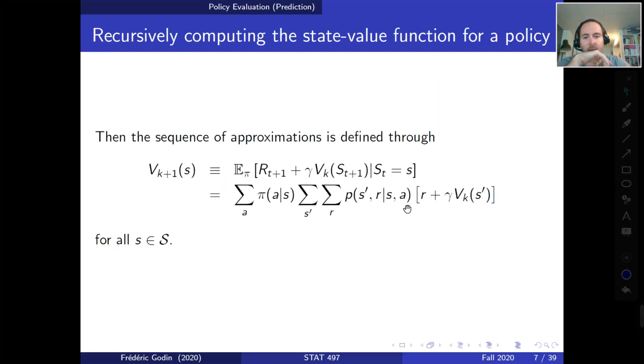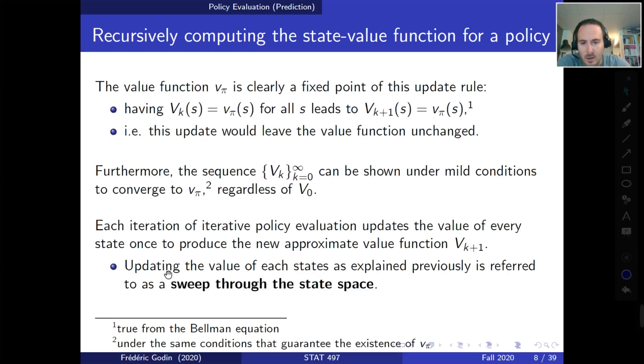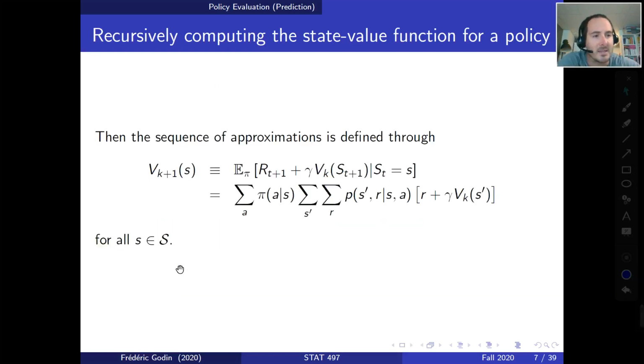Let's go back here. Here we show how to compute V_{k+1}(s) in terms of V_k(s') for all states s', and the action of computing V_{k+1}(s) for all states s is what we call a sweep through the state space. The state space is S, so it means that we go through each single state s to update its value.